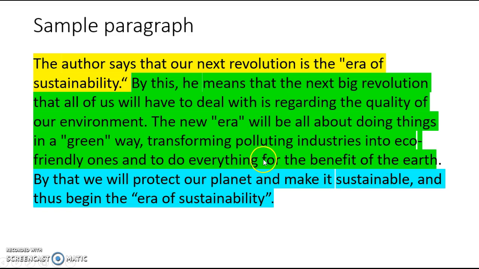So we've got ideas that help us understand what that era, that period of sustainability is, and the conclusion: by that, we will protect our planet and make it sustainable, and thus begin the era of sustainability. And here the writer chose to repeat the term.